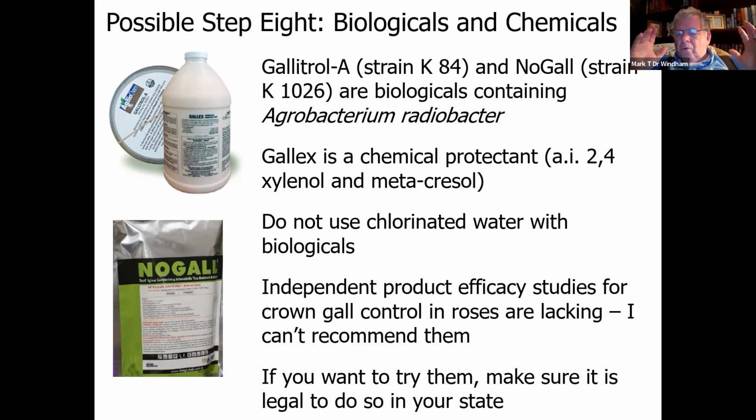And remember, if you want to try one, and I'm not telling you not to try, but if you want to try one to reduce agrobacterium populations in the soil, never mix it up with chlorinated water, because you will kill the Agrobacterium radiobacter if you use chlorinated water with it. So you don't want to do that. Buy some distilled water to mix it up with.